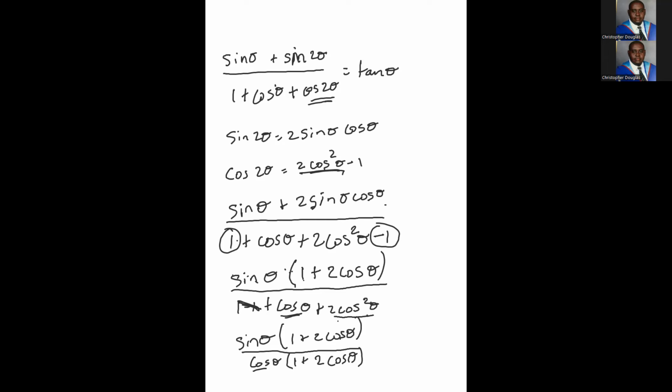So I can cancel this here with this. What's it going to leave me with? Because when I factorize, it shows the process of multiplication, which means I can therefore cancel. So what does it leave me with? It leaves me with sine theta over cos theta. And what is sine theta over cos theta? Tan theta. Hence, I have solved it.